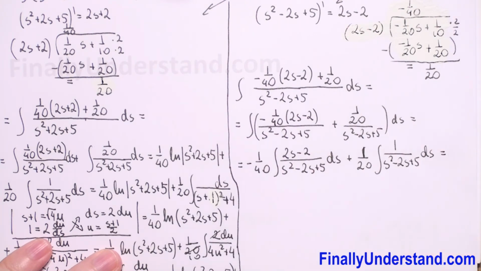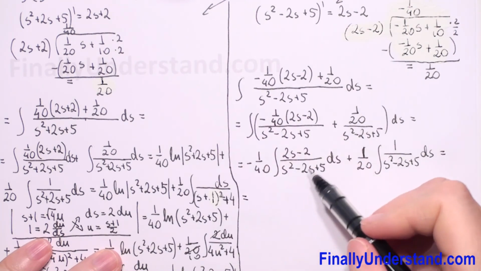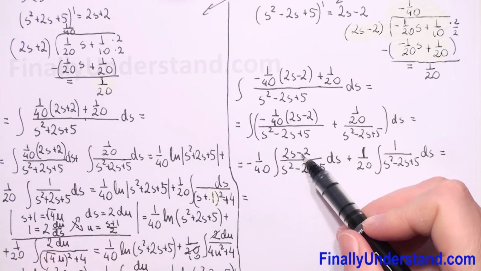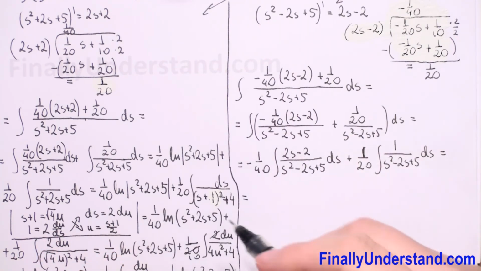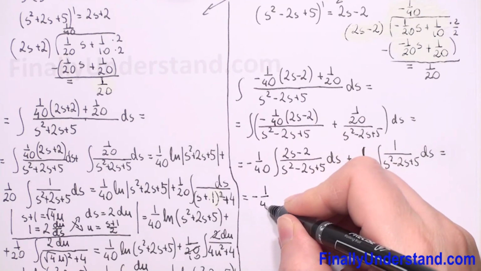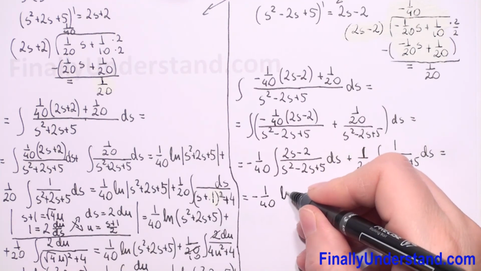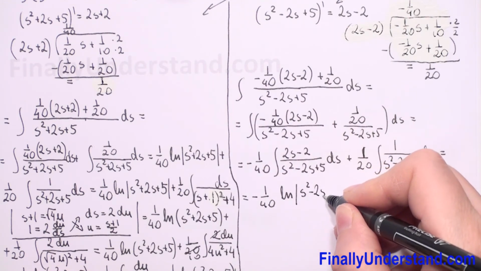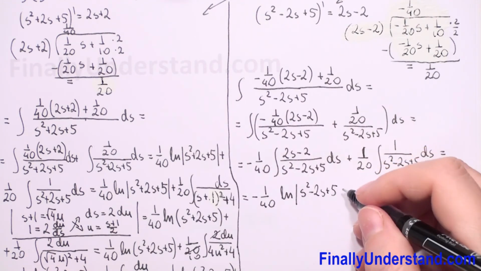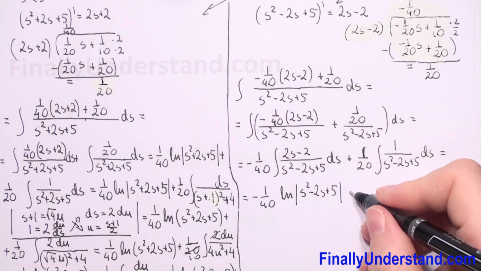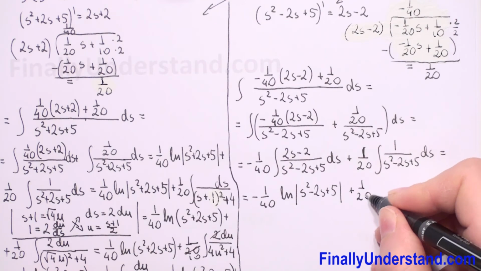In the first integral, we have the derivative of the denominator in the numerator, so this is equal to negative 1 over 40 natural logarithm of the absolute value of s squared minus 2s plus 5. And the constant we will add at the end, plus we have 1 over 20.